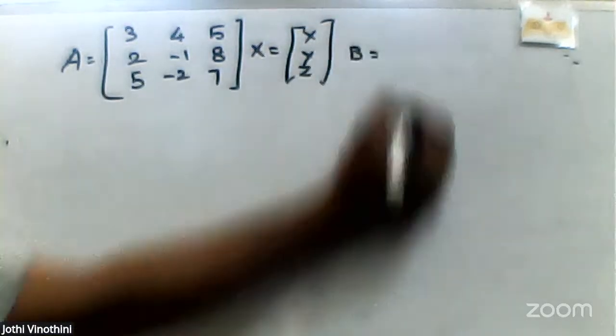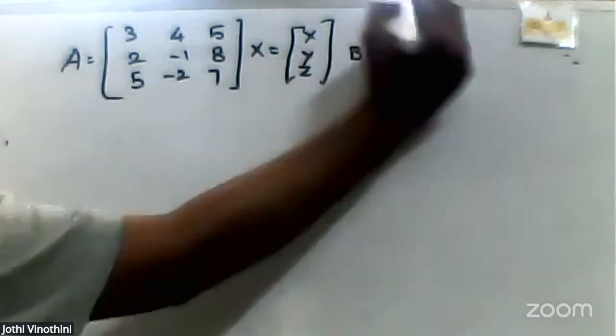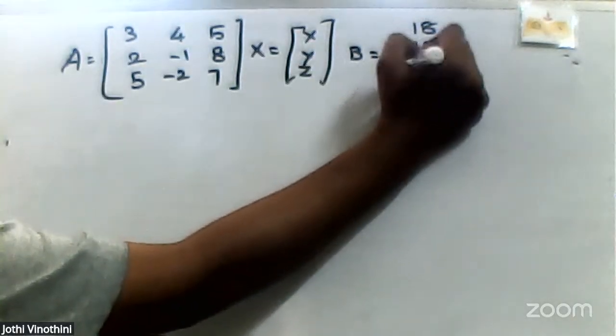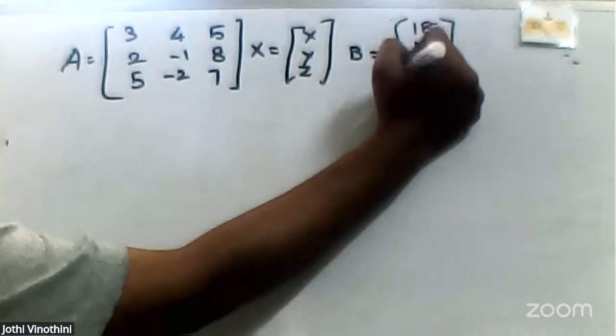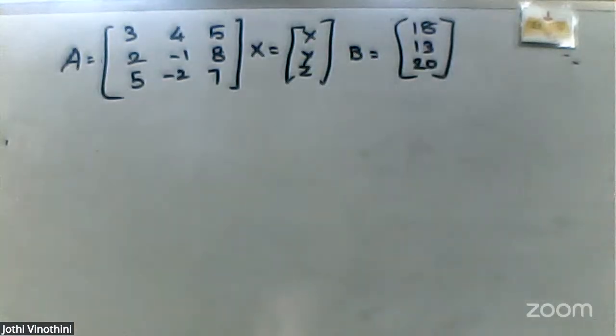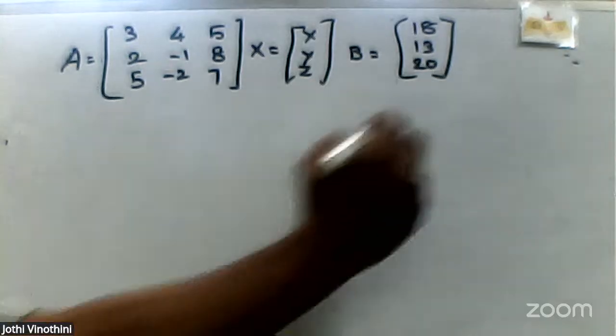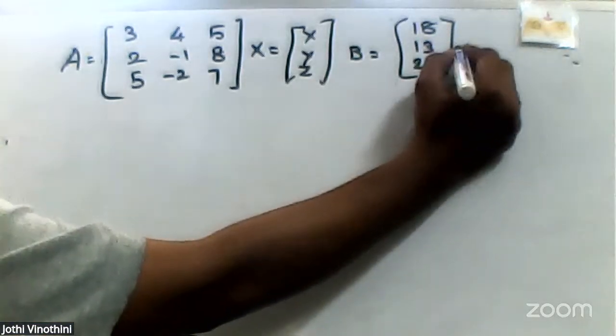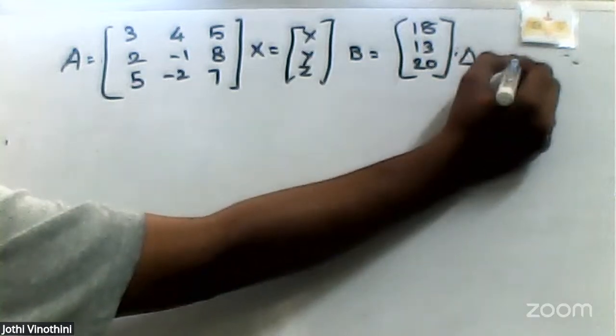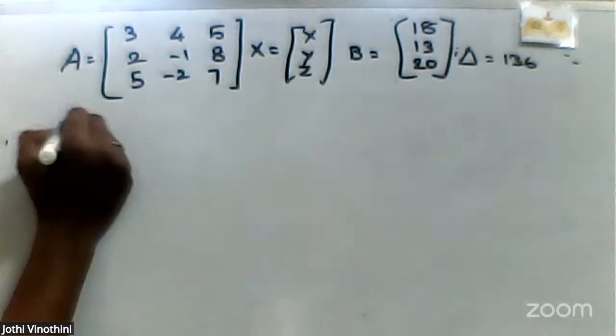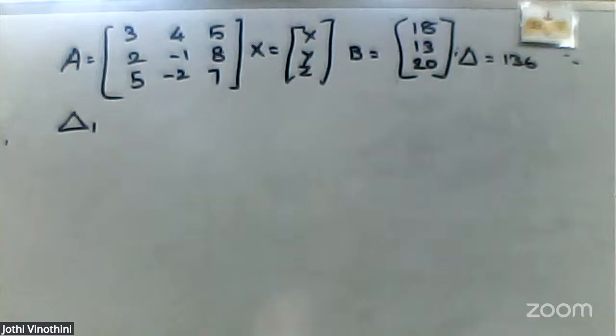And b equals 18, 13, and 20. Clear? Clear. Now we already found del, right? So what is del? Del equals 136. Now I am going to find del 1. Clear? As I said already, del is a determinant.